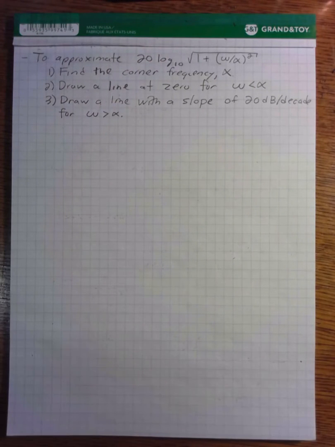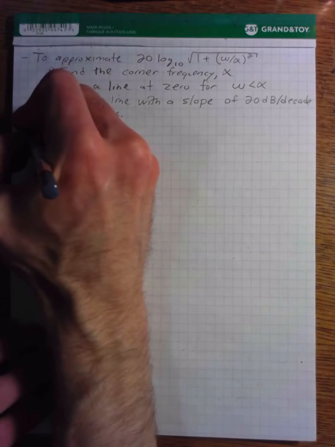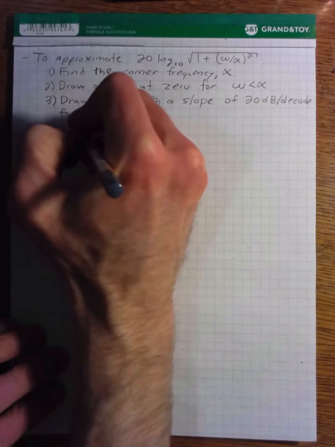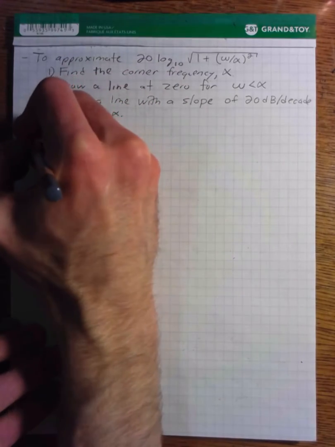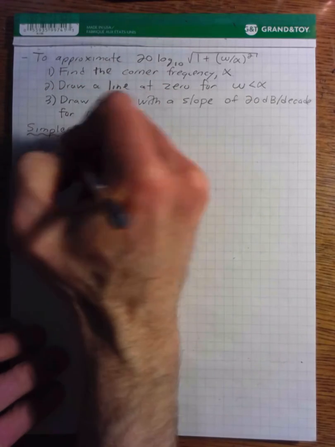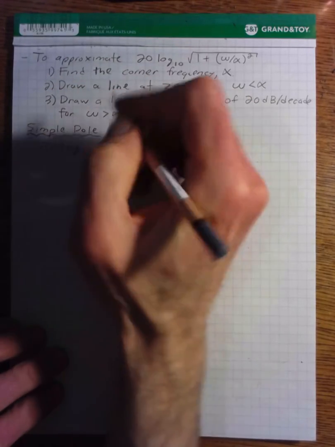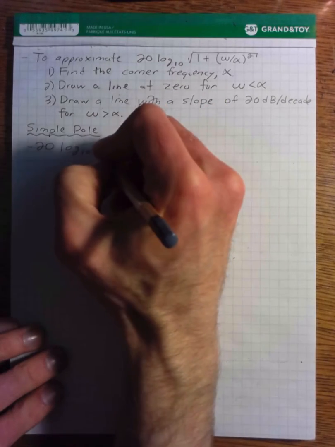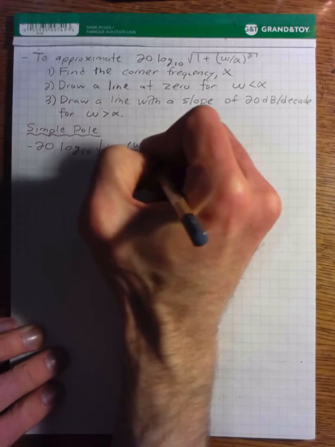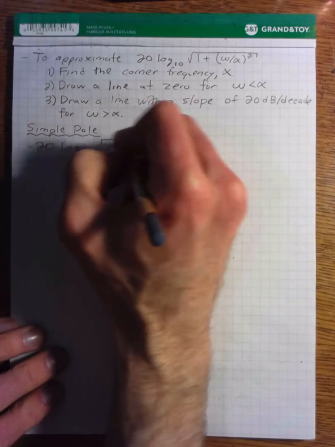So the final case we have is the simple pole. And this is exactly like the simple zero, except that it's got a negative sign in front of it, so we can go a little bit faster on this one.